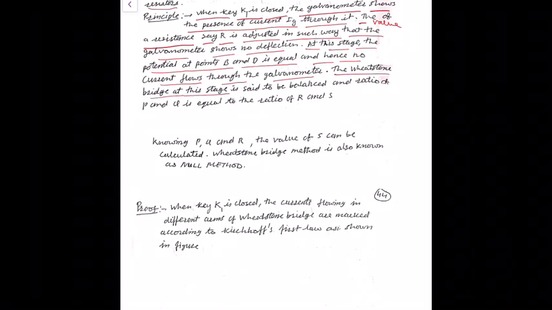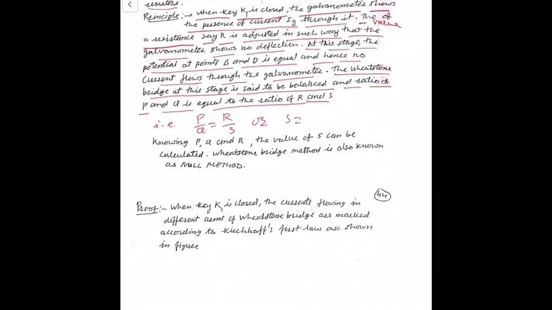The Wheatstone bridge at this stage is said to be balanced, and the ratio of P and Q is equal to the ratio of R and S, that is P upon Q is equal to R upon S, or S is equal to Q upon P into R. Knowing P, Q and R, the value of S can be calculated. Wheatstone bridge method is also known as null method.